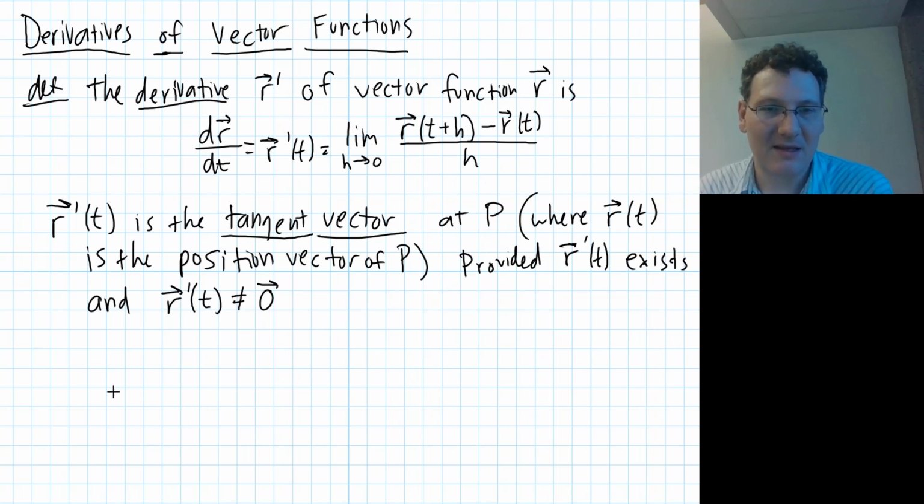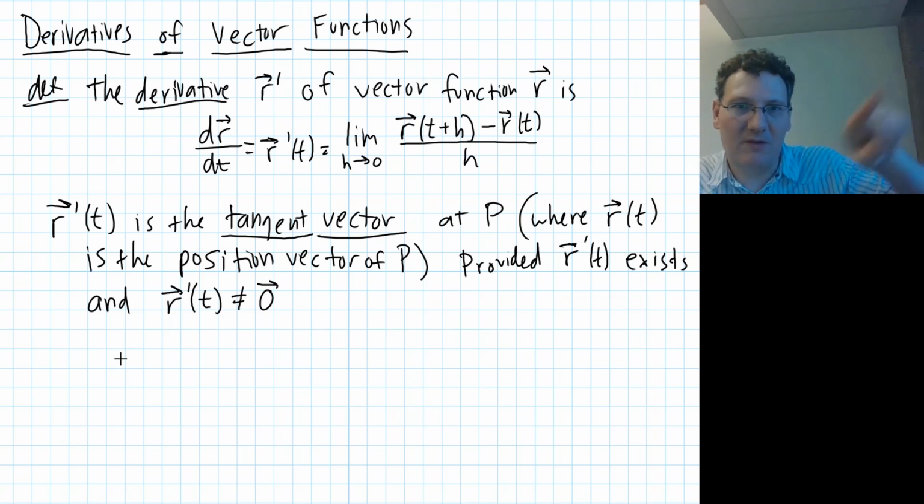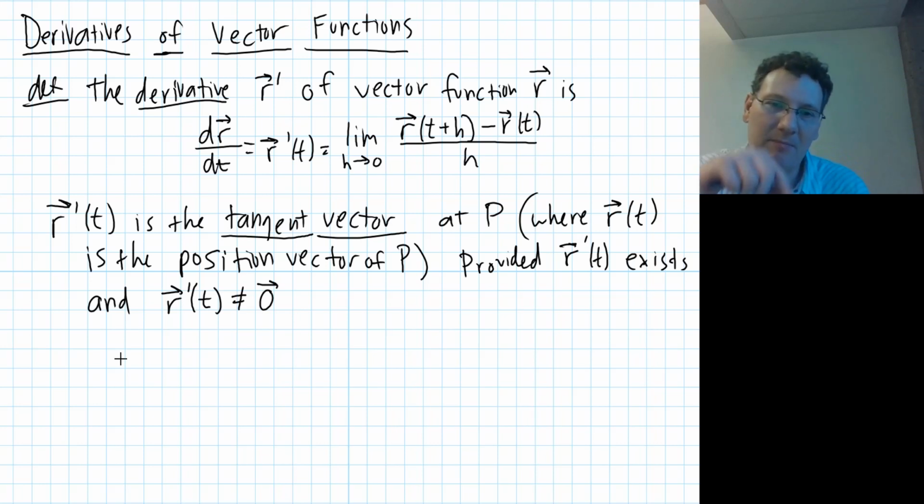In practice, in 3D space, what you'll find for these continuous functions, the tangent vector is not going to exist only when the curve that goes through space comes to a point and then makes a complete 180-degree turn and comes back.